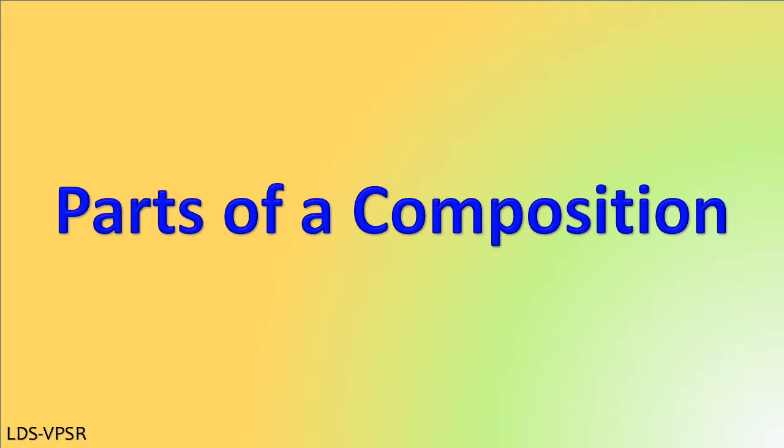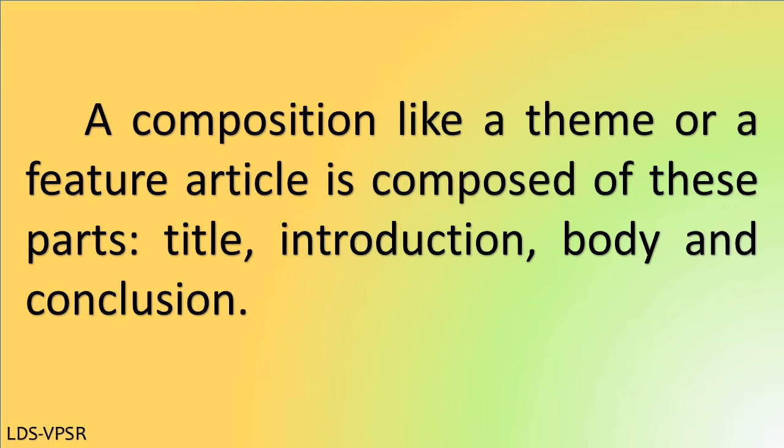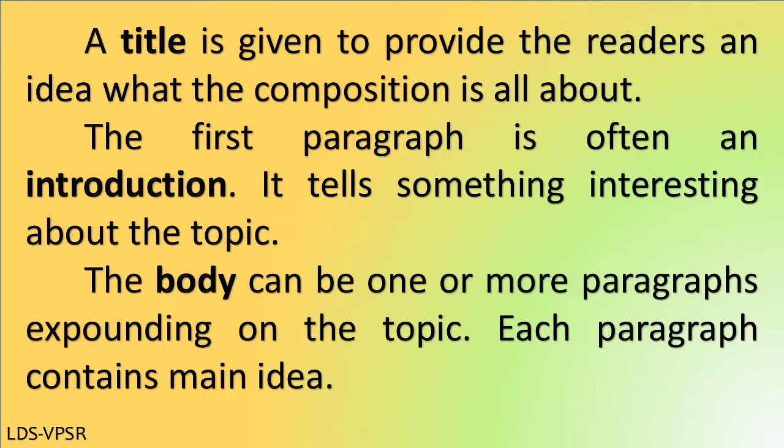Parts of a composition. A composition, like a theme or a feature article, is composed of these parts: title, introduction, body, and conclusion. A title is given to provide the readers an idea what the composition is all about.